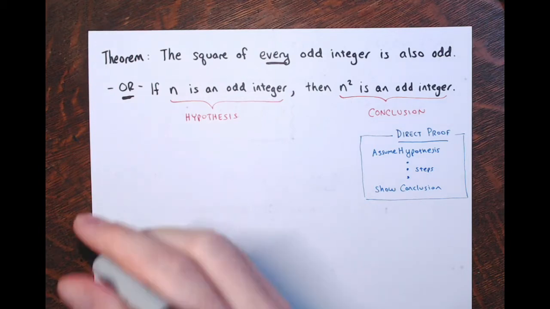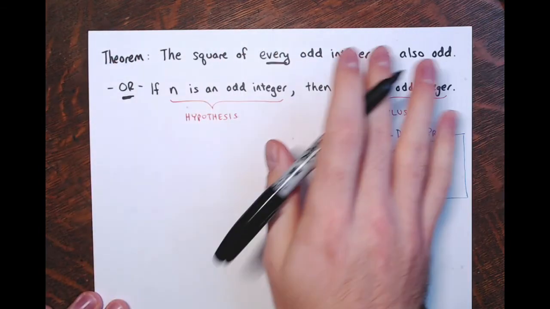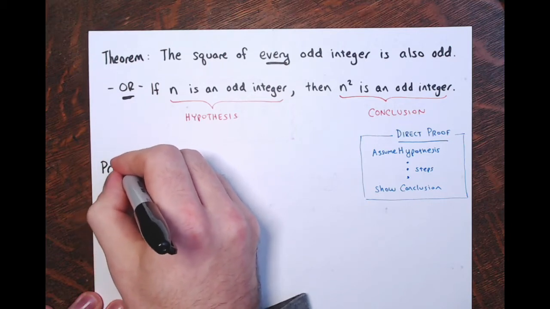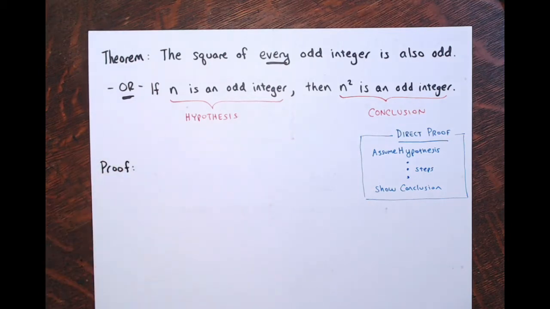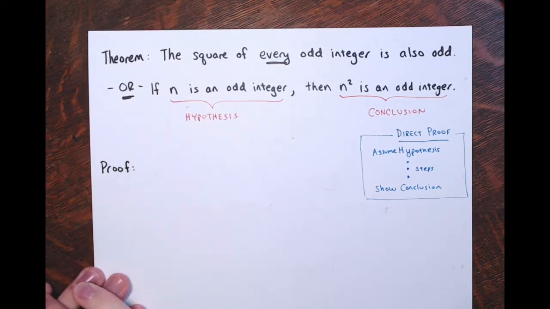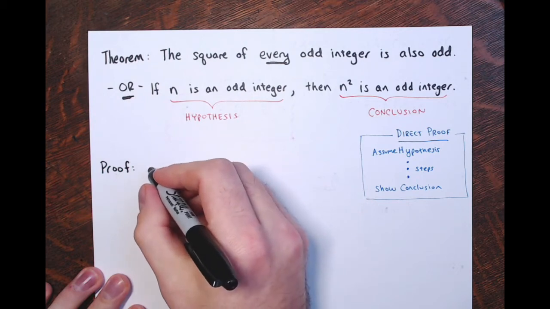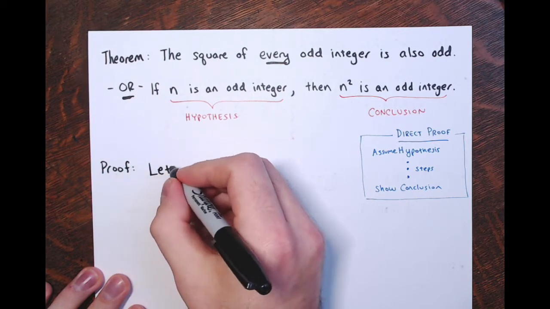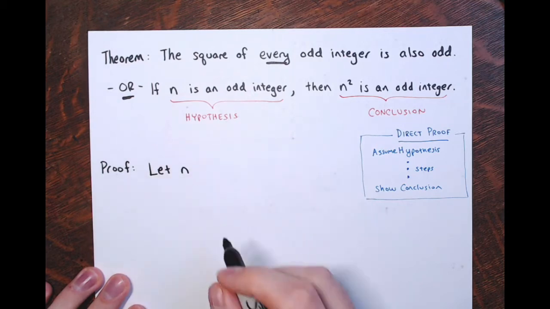All right. So I wrote the theorem. Now comes the proof. I'll write the word proof to indicate to the reader that the proof is beginning. And then usually we start off with our assumptions. What are we assuming? So I'll say let n be an odd integer.